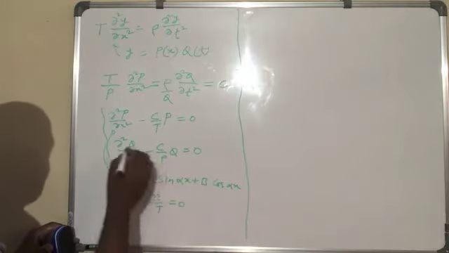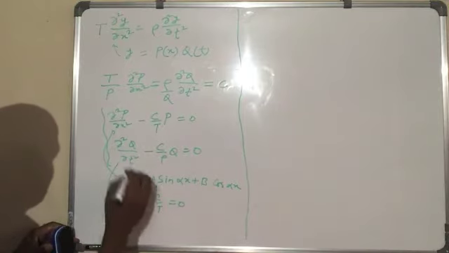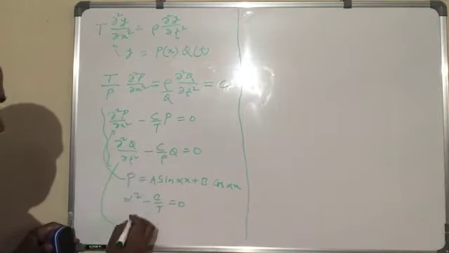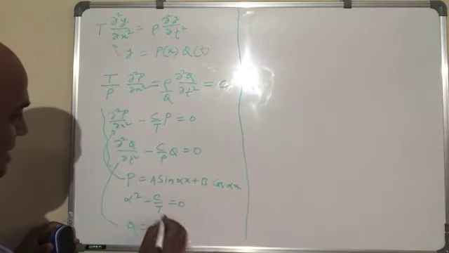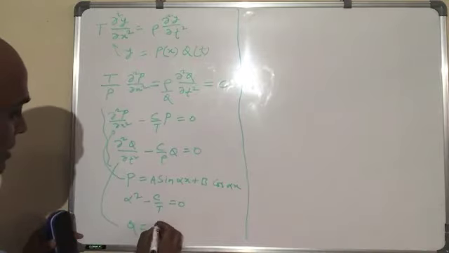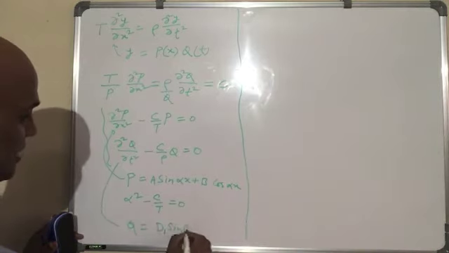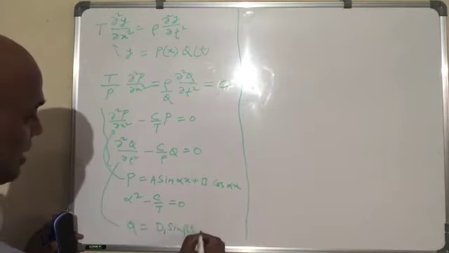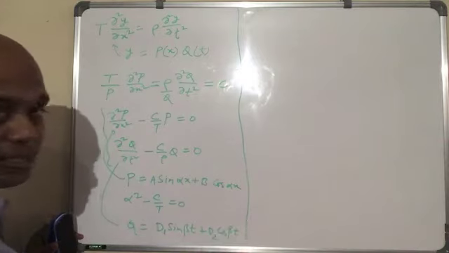And in this case we have Q equal to D1 sin beta t plus D2 cos beta t.